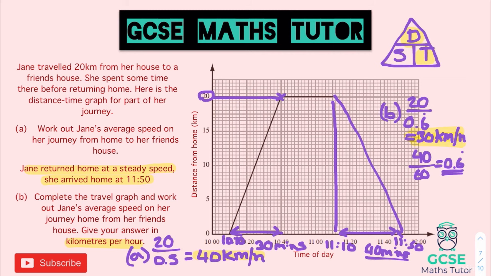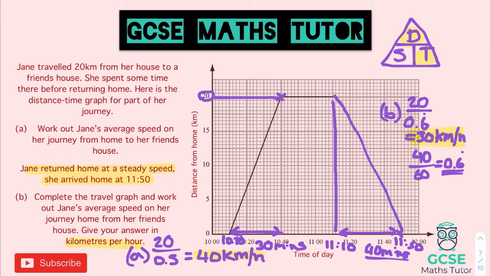If you had left the time in minutes rather than hours, you could have done 20 divided by 40. Now that would have given you a half, which is related to the actual speed. Because that is in minutes, we would have to turn that back into hours. When you are doing this in reverse, you then have to multiply it by 60, and 1/2 times 60 also gives us the speed of 30.